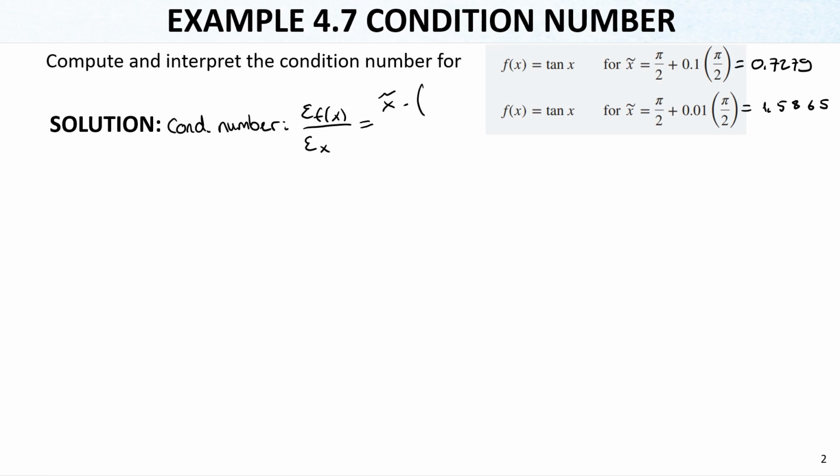The derivative of this is 1 divided by cos square x. So we can write here 1 divided by cos square x, and at the bottom, we only have f(x), which is tan x.